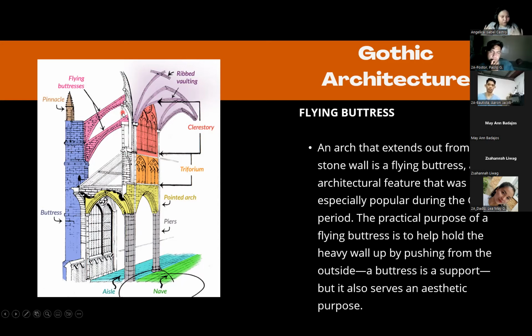Tinutulak niya paloob to hold it together. At naka-anchor siya dito sa malalaking bato na to, masonry construction, which are your buttress piers. So dito, imagine this one, pushing this one inside. Habang itong vault mo, it's pushing downward, yung load niya.